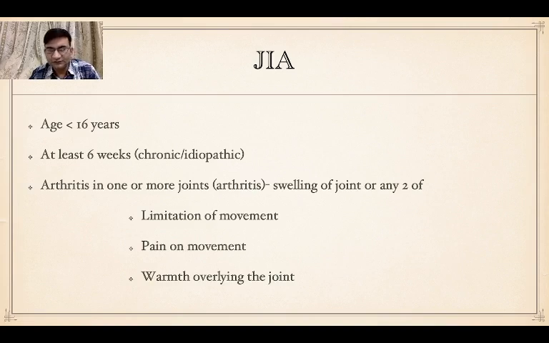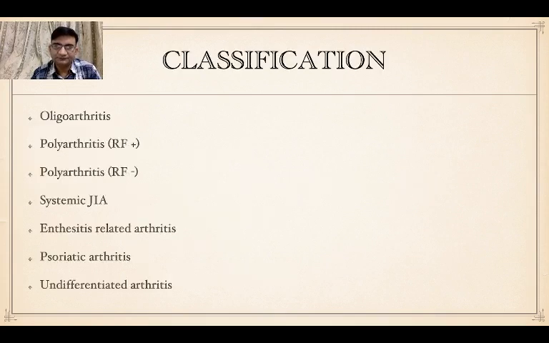So either swelling of the joint or any two of the following features of inflammation in the form of limitation of movement or function, pain on movement, or warmth over the joint. Either swelling or two of these three makes it arthritis. Age less than 16 years, at least 6 weeks, arthritis in the form of these features.